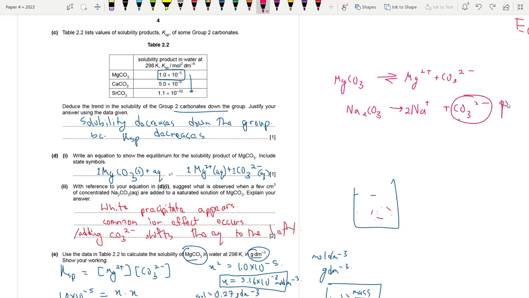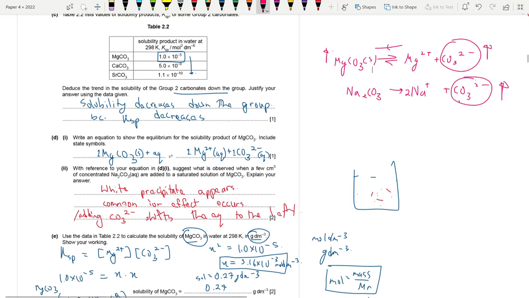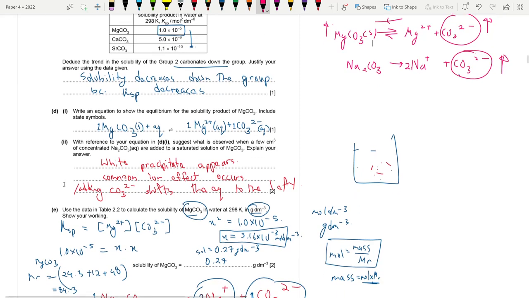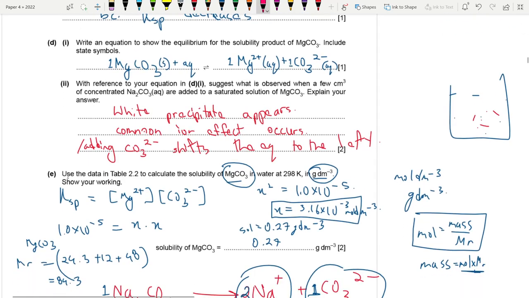If this increases by a long shot, what will happen? The equilibrium will shift to the left according to Le Chatelier's principle. As a result, the concentration of MgCO3, magnesium carbonate solid, will increase, and we'll see that a white precipitate appears. Why? Because the common ion effect occurs, or you can say that adding carbonate shifts the equilibrium to the left.